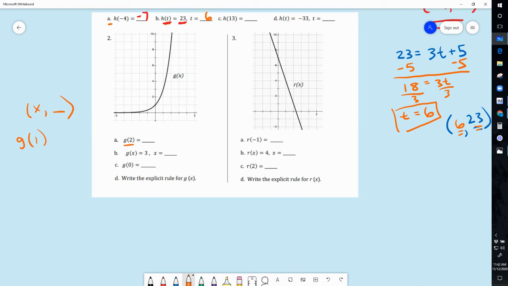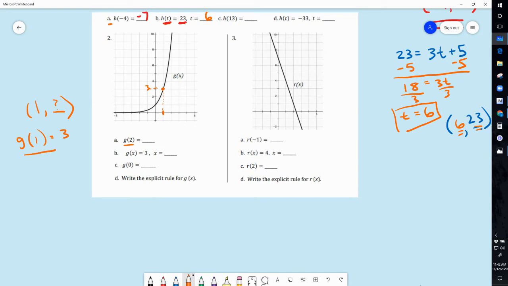So it just means look on the graph. The x value is 1, and the y value we don't know. So look on the graph where x is 1, which is right here, and then go up to the graph, and we hit the graph at 3.